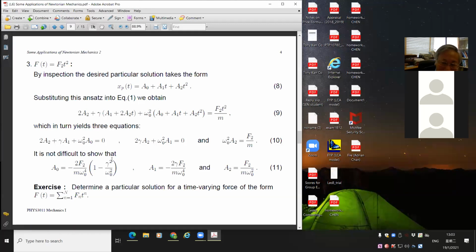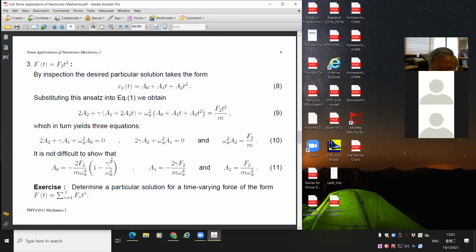Of course, if someone asks you like this, f(t) is a sinusoidal function, say, for example, a cosine function, then you're in trouble, right?